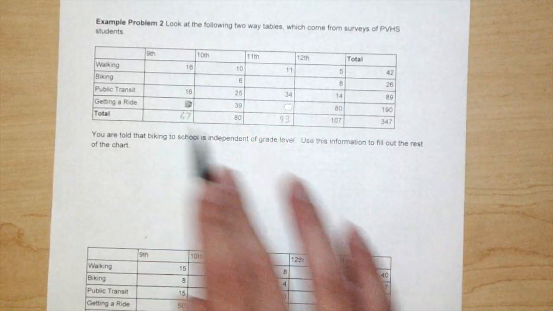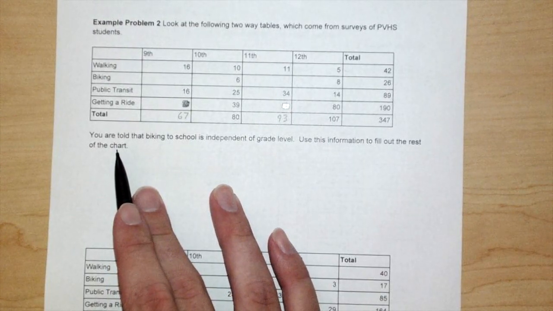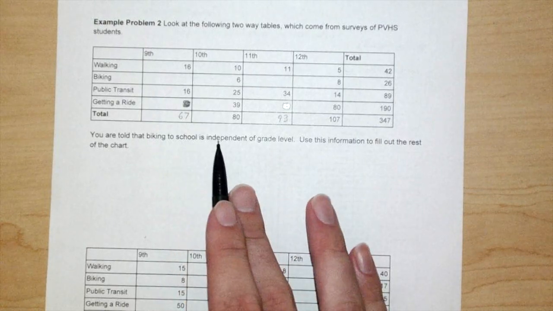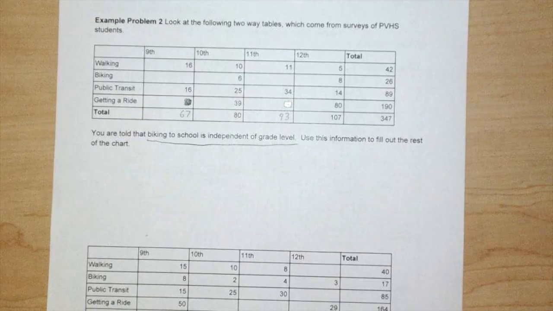The gist of this two-way table is it talks about every student's grade level and how they get to school. To help fill out these 4 blanks, it tells us that biking to school is independent of grade level.